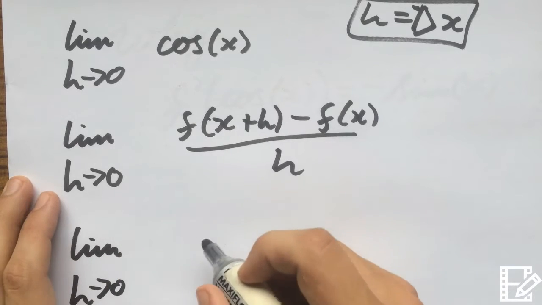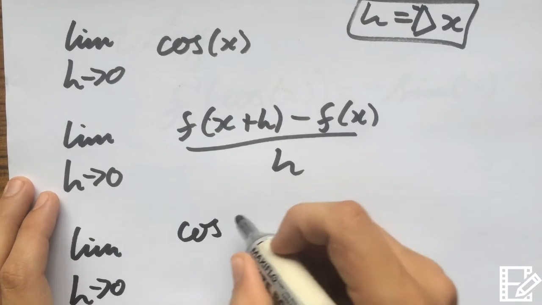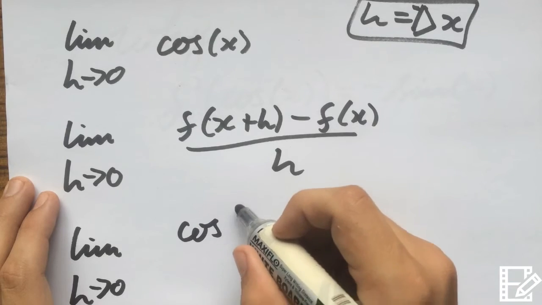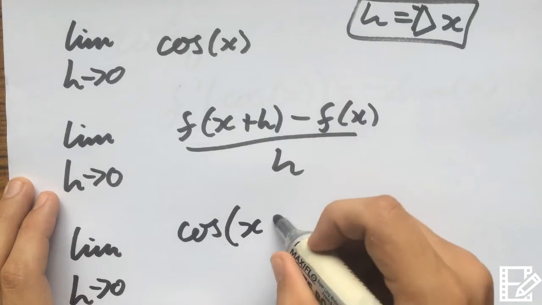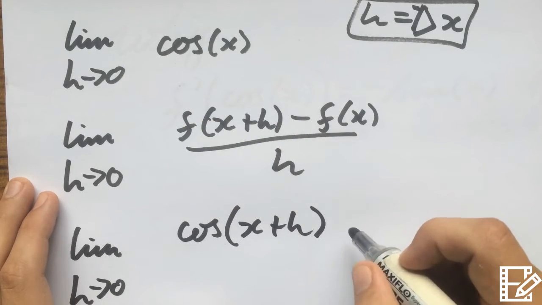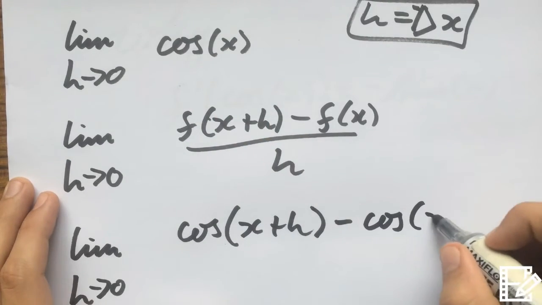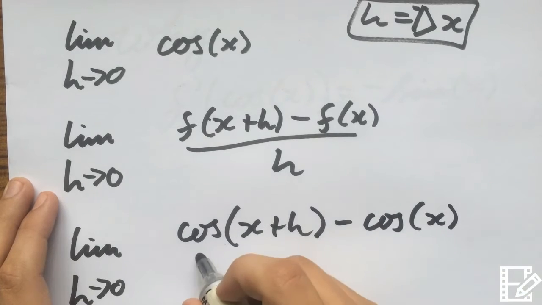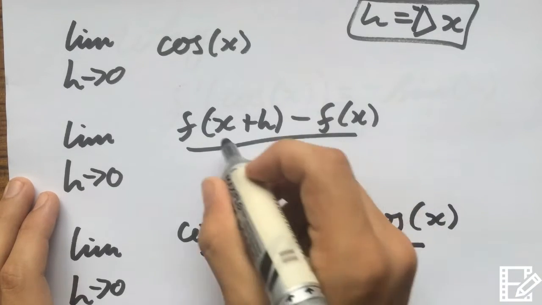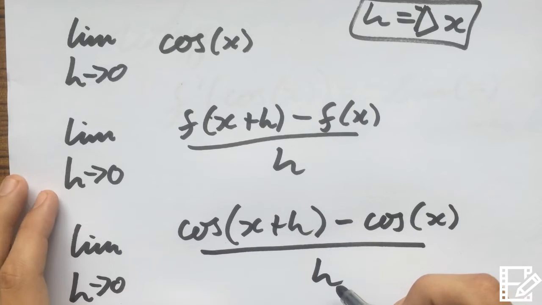We leave the function the same, which is cos, but we change the variable to x plus h for the first bit, and we subtract the function with the variable being x. You see how these look very similar?